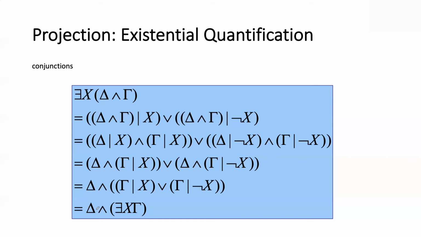Now, since X does not appear in delta, that's the same as saying also there exists X delta, because this will give me back delta. X does not appear there. So look how nice. We're back to the same thing.